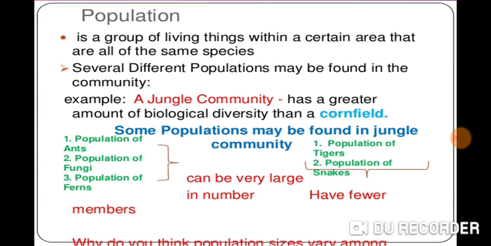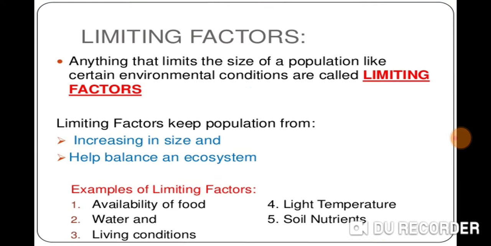For example, a jungle is a community, and in a jungle you may find ants, ferns, fungi, tigers, snakes, etc. So all these organisms in a community live together, creating a food web, moving and surviving. So this is an example of a community.